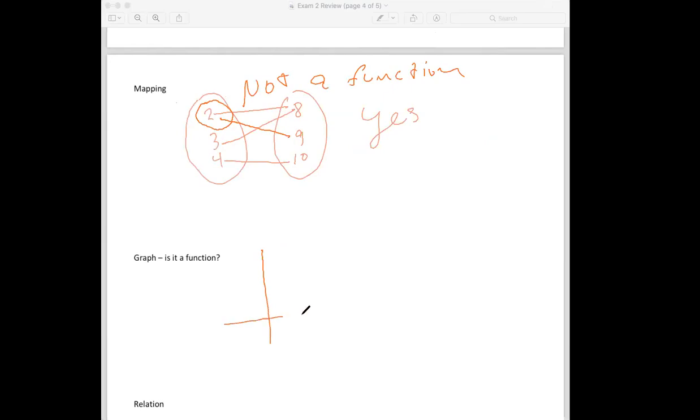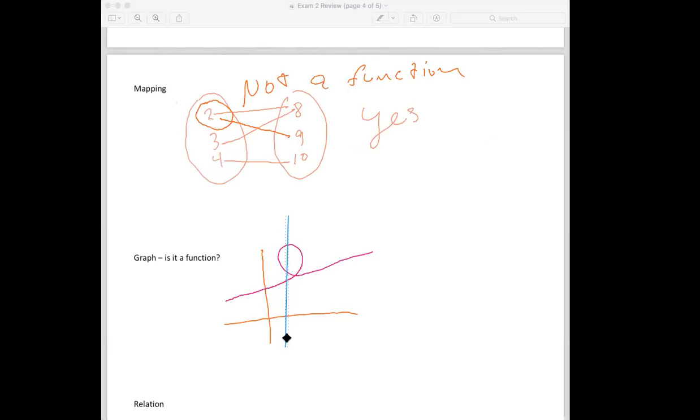Down here, graph: is it a function? Let's see if I drew something like this. Certainly looks like a function, and now it's not a function. The reason is that now it fails the vertical line test. If I drew a line like this and dragged it over, you can see that it's hitting in one place, one place, one place, one place, and now 2 places.